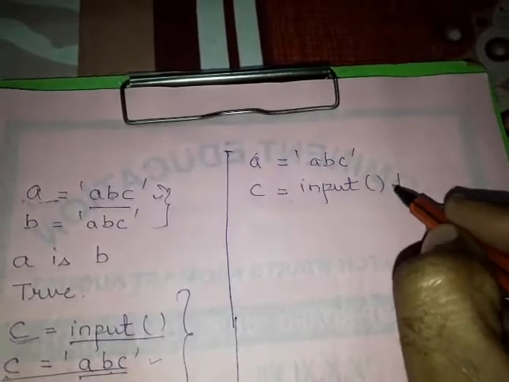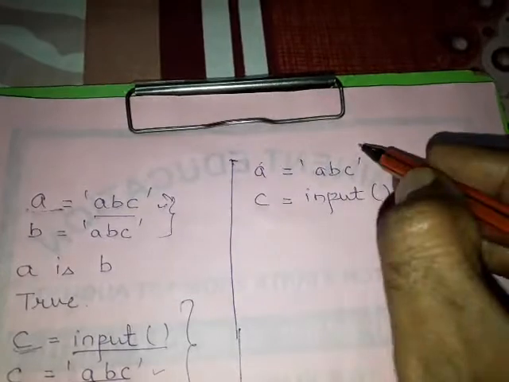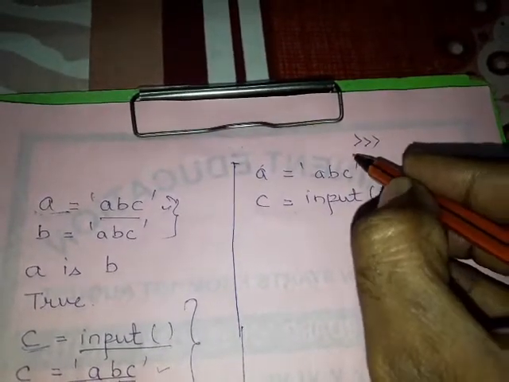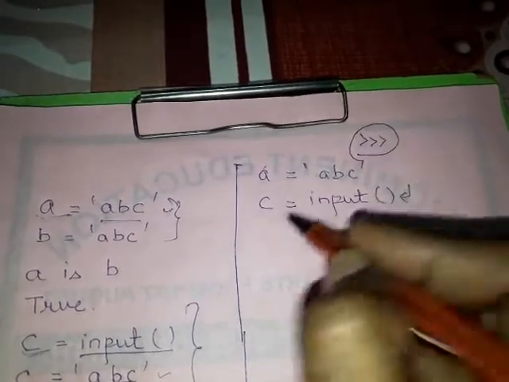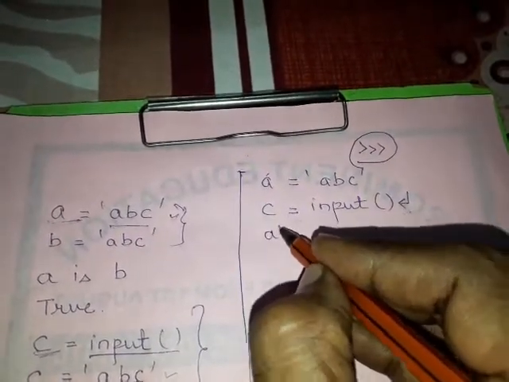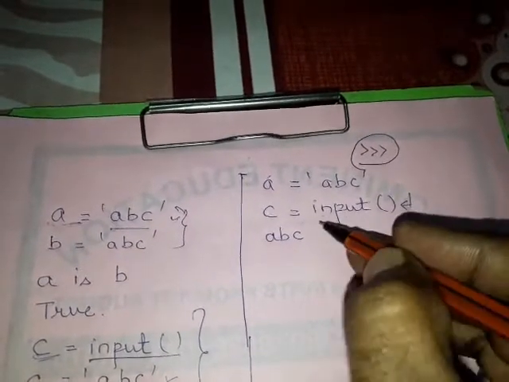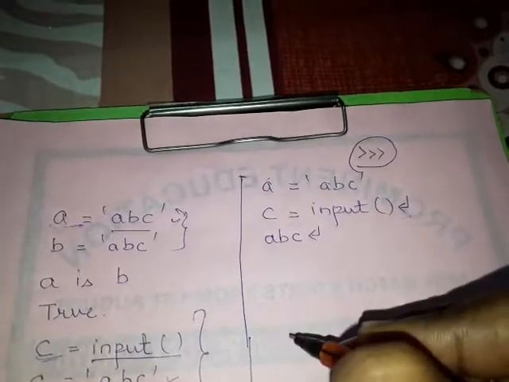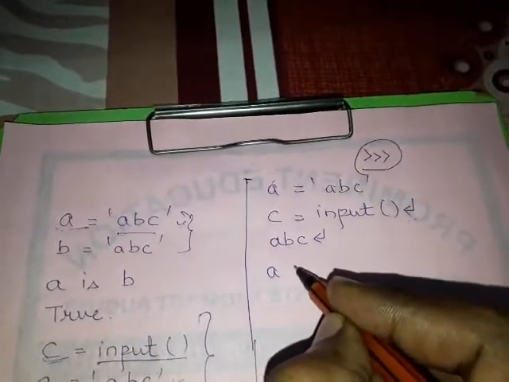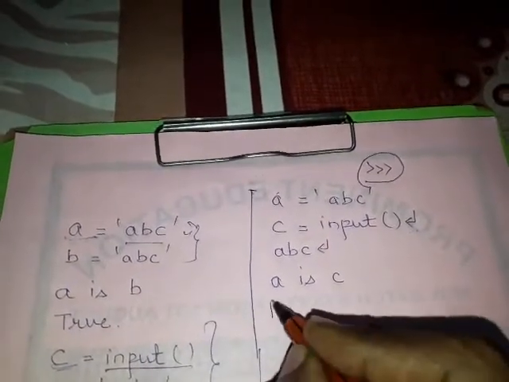When you press enter, there will be no prompt. This is the prompt; when you press enter after this line, the prompt is not present in this line. So you have to write the value. You write ABC without any single quote, and then you press enter. Now compare A is C, then it will give false.